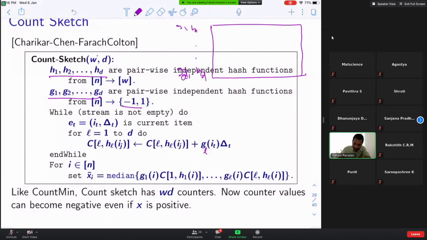And the width here is 1, 2, 3 up to W. Look at the location C L J, where this is L and this is J. What do I want to store here?